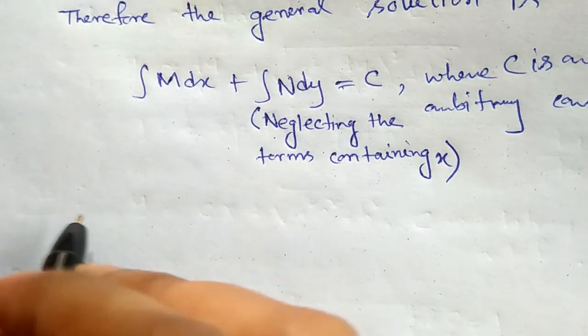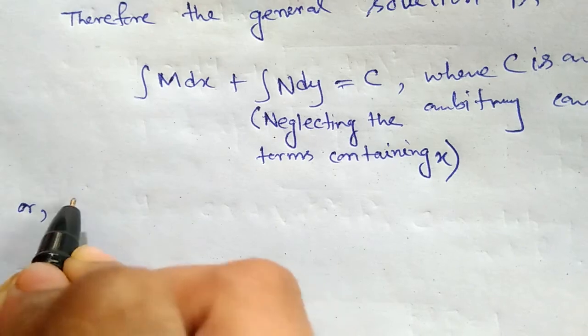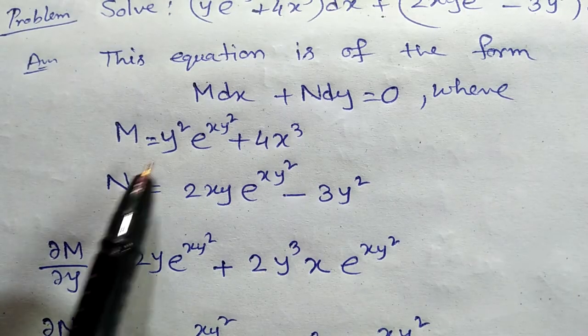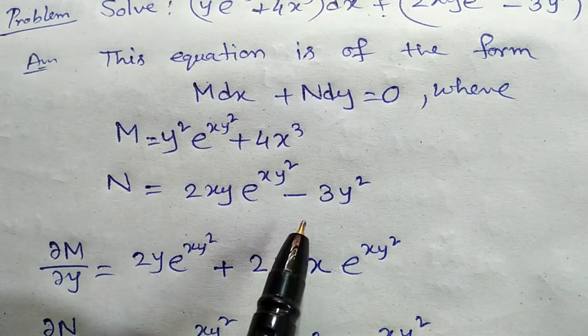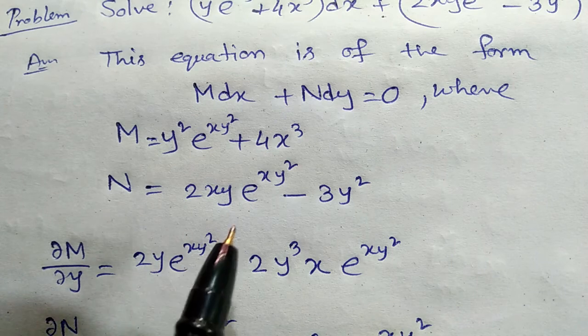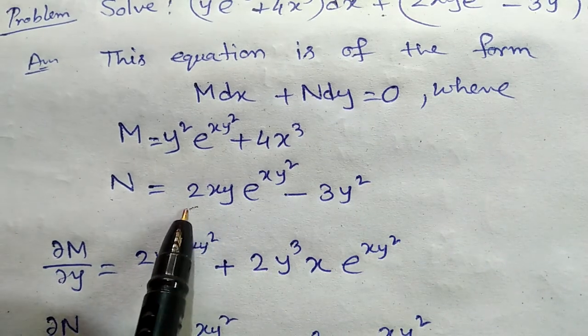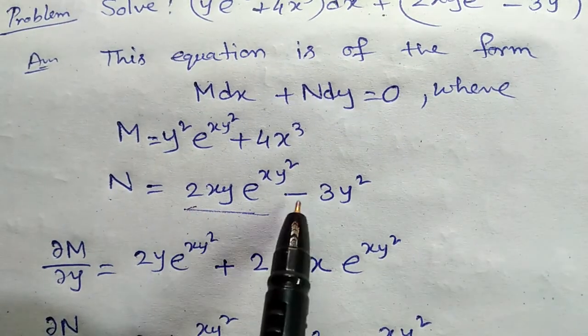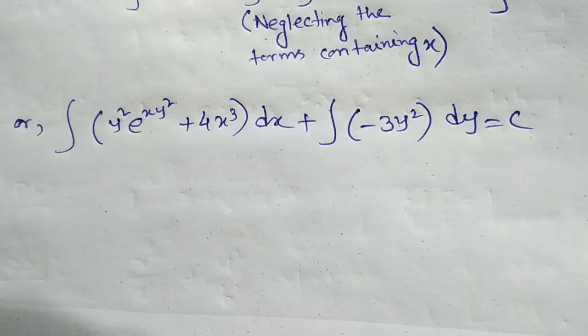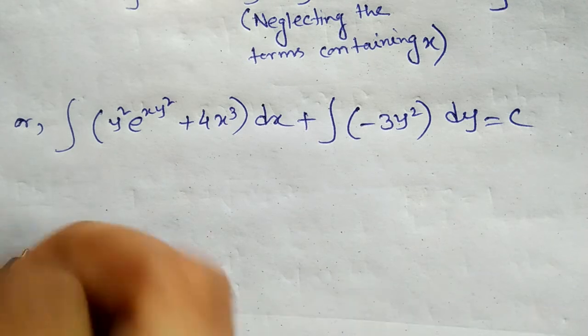Now put the values of M and N. But for N we have to omit the terms containing x, so we omit that part and only write minus 3y squared, and M is the whole expression.